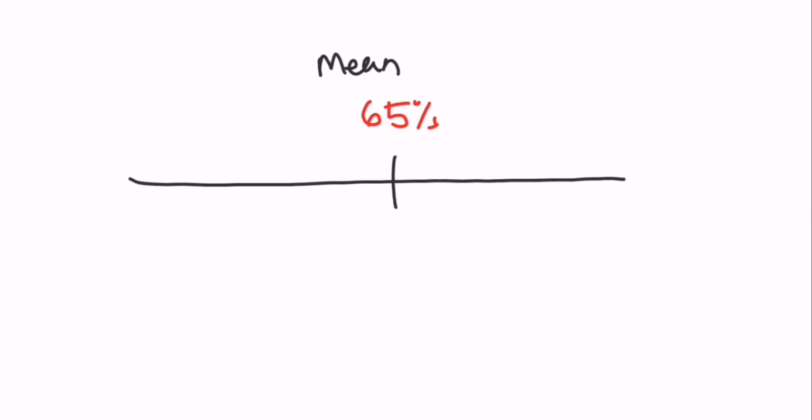And then by some calculation using the data, we also work out the standard deviation to be 15%. What that then means is that within one standard deviation of the mean, let me show what one standard deviation is.